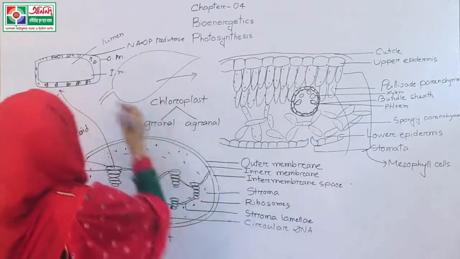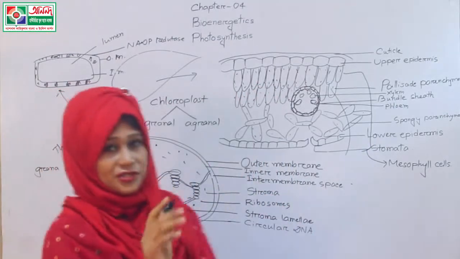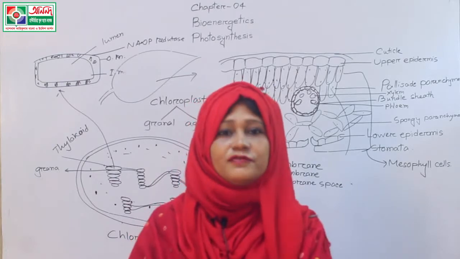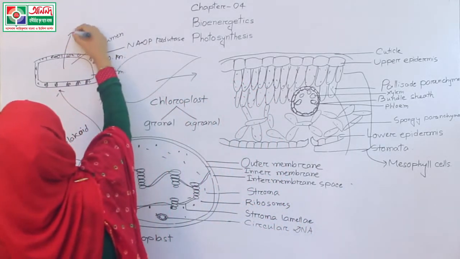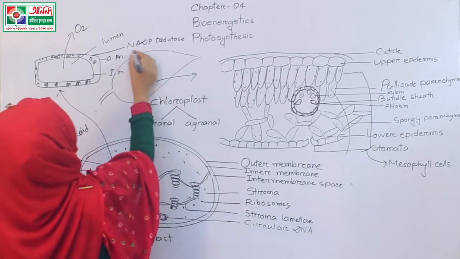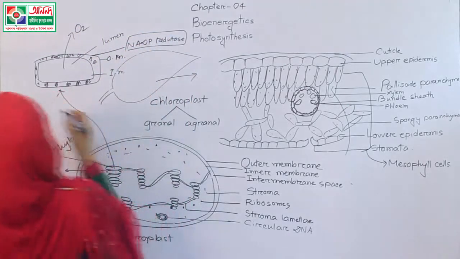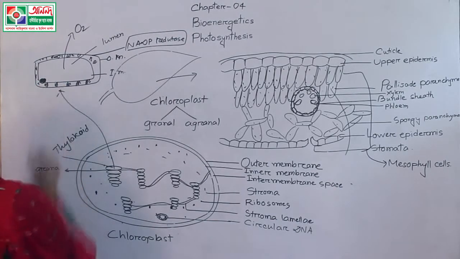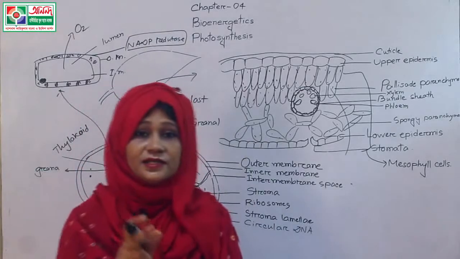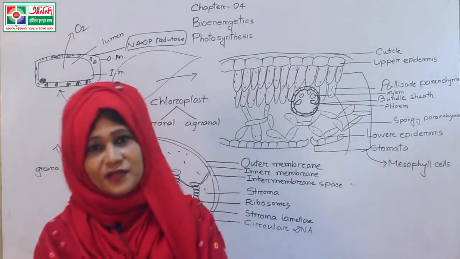Okay, and the lumen, that means the central portion, is the site of production of oxygen. So in the lumen we will get oxygen. Here NADP reductase, and the inner membrane, that means this site is the site of photolysis of water.